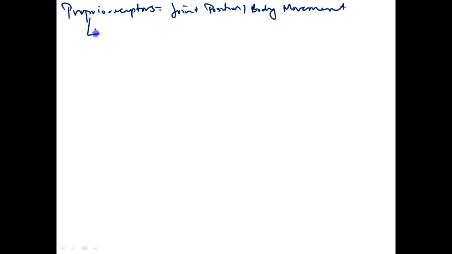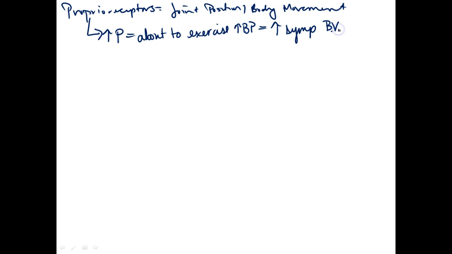Now, if we detect an increase in proprioceptor activity, this means we are about to start exercising, which means we're going to need to increase blood pressure to maintain perfusion. So this is going to, in terms of our blood vessels, result in an increase in sympathetic stimulation of your blood vessels.